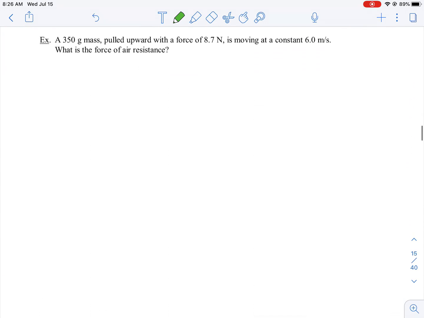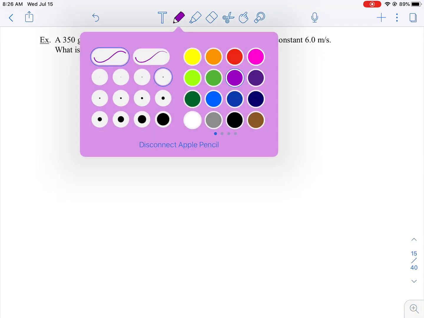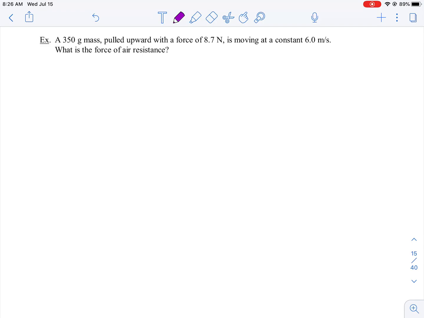So you have this question right here in your workbook. Can I get you guys to draw a force diagram and tell me which law this is? Okay, so here's our object.